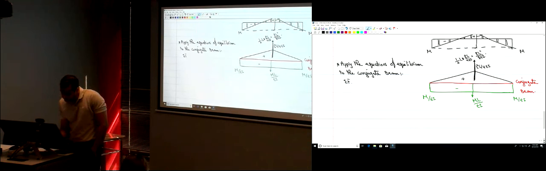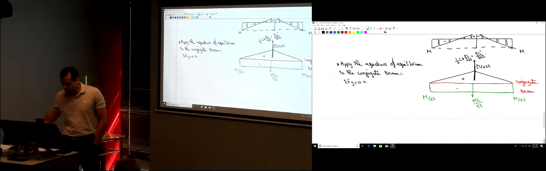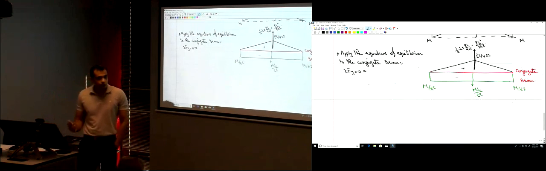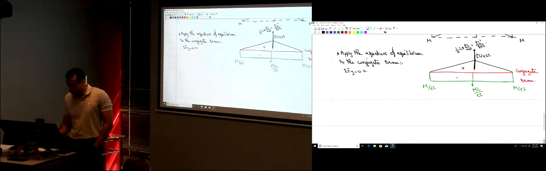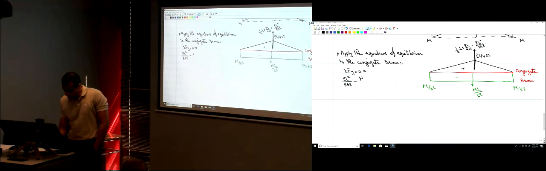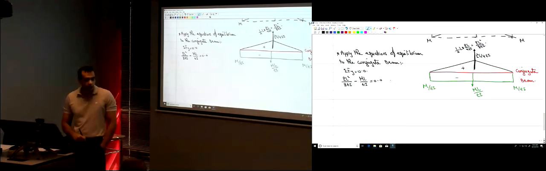The summation of the forces in the y direction should be equal to 0. What are the forces in the y direction? You have two forces, right? How much is the magnitude of those two forces? PL squared divided by 8EI and negative ML divided by EI. The summation of those two forces should be 0, right?